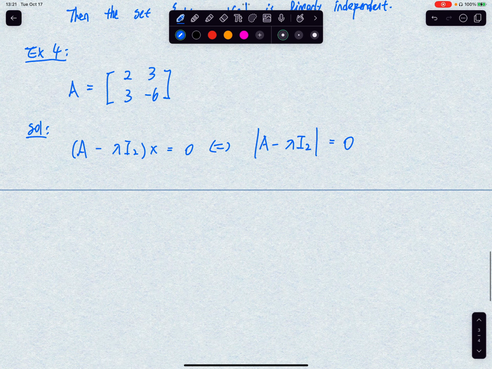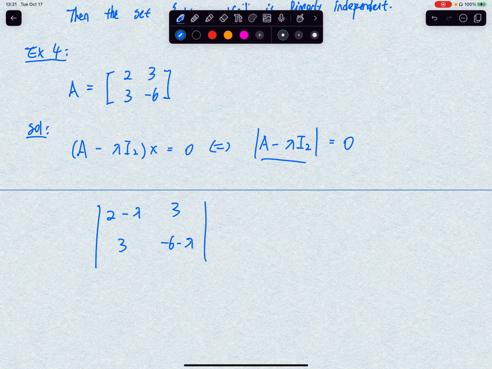So A minus lambda I_2 equals [2-lambda, 3; 3, -6-lambda].